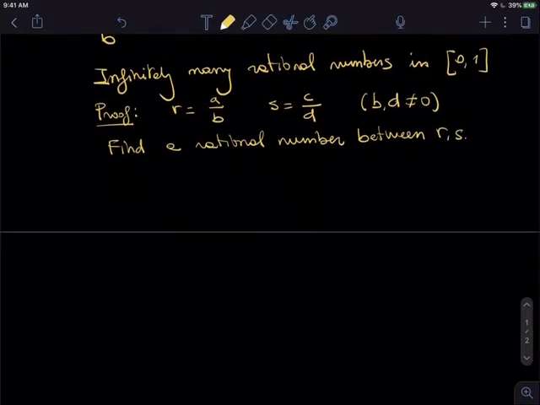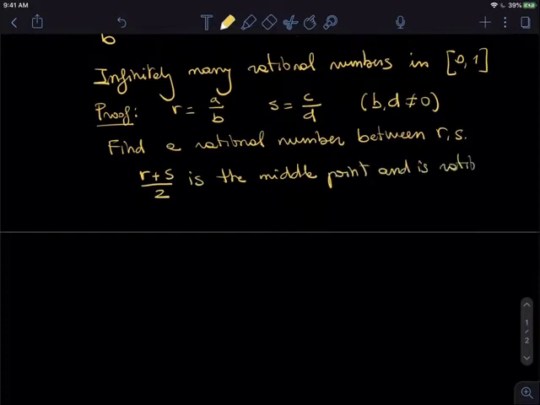And there are two ways you can do this. In the book, you will see that if you take r plus s over 2, it is the middle point and it is rational.